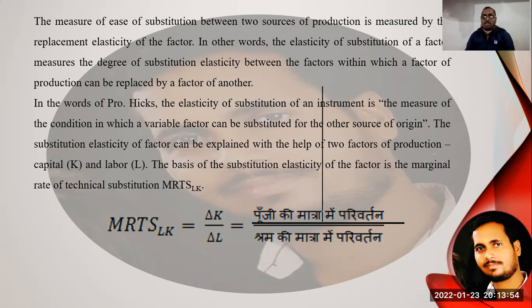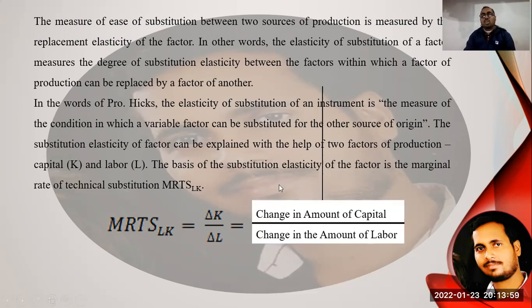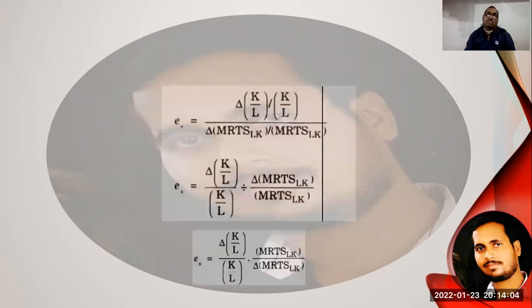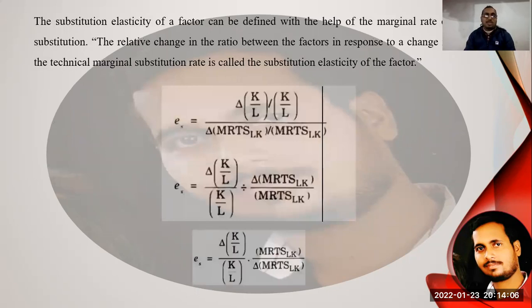Now see, if we want to put it in plain English, it is the change in the amount of capital and the change in the amount of labor, students. Now see the things in a descriptive manner. The substitution elasticity of a factor can be defined with the help of the marginal rate of substitution. Students, the relative change in the ratio between the factors in response to a change in the marginal rate of technical substitution is called the substitution elasticity of the factor, and now it will be shown by the equation.